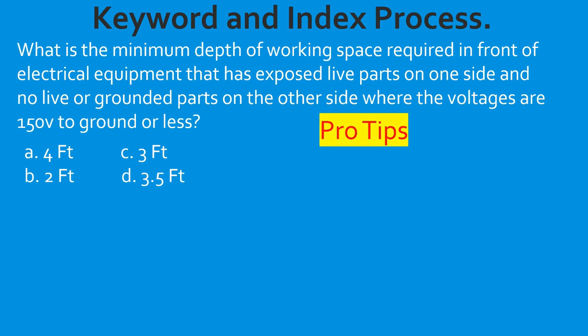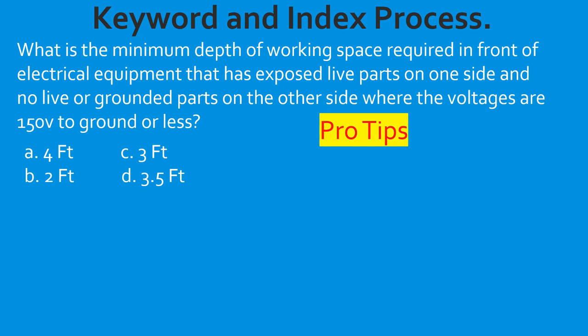Whether you've forgotten a process that we learned in a calculation, or you just need to look up a specific code reference, we are going to go ahead and learn this process now. It's something that you're going to master as you go along, and without mastering it, you'll never be able to pass any of these examinations. So let's go ahead and take this example question as step one.